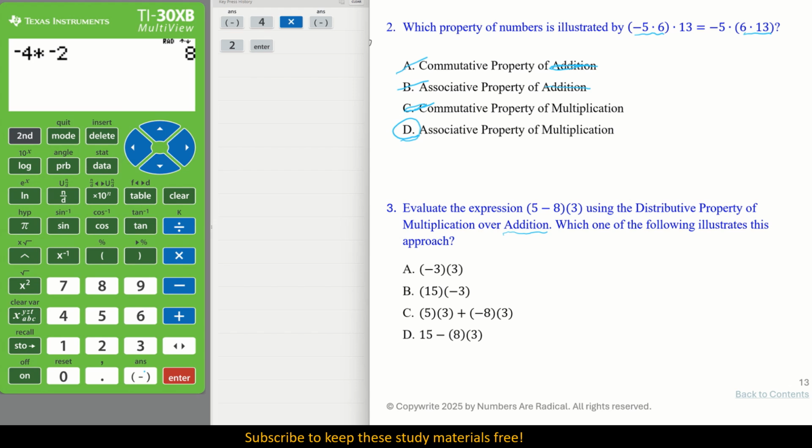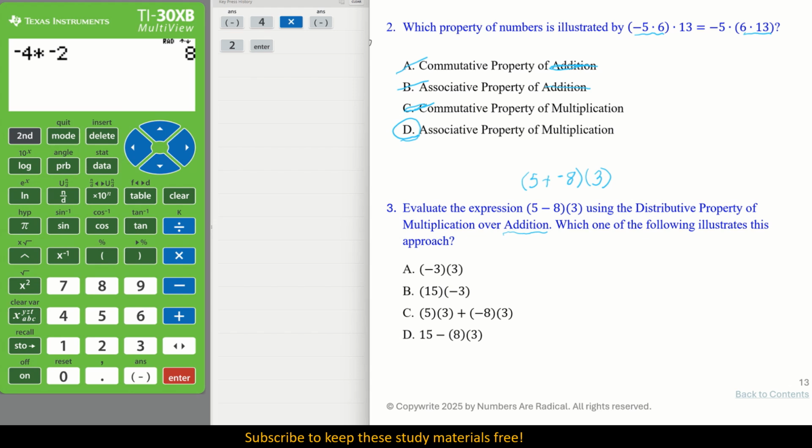You may have learned this in elementary. This could say 5 plus negative 8, and that is addition. So just because there's a subtraction, don't let it throw you. That is the correct property.